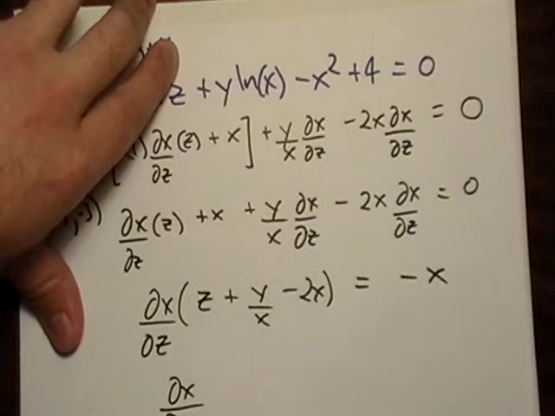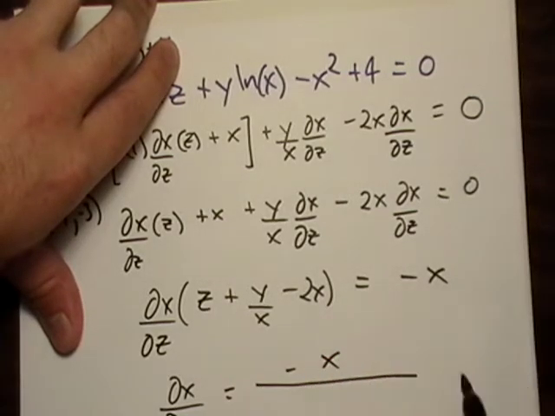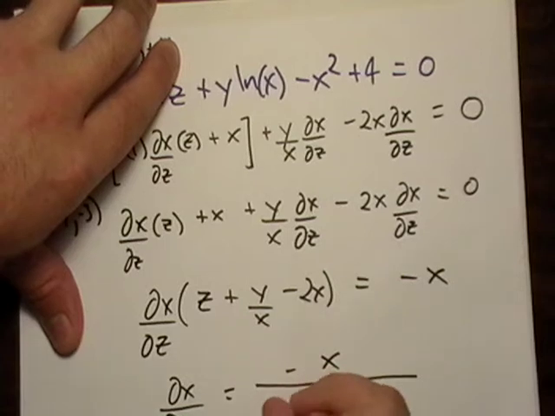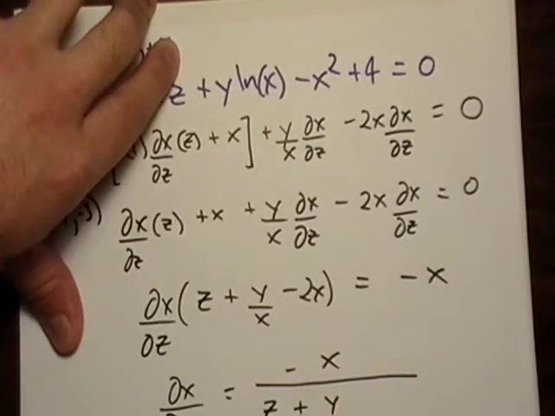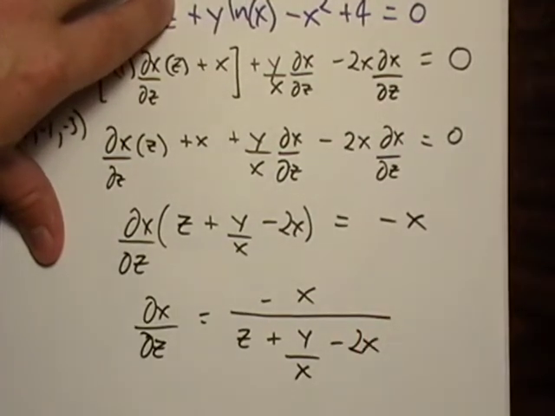I'm not going to do the whole operation, because all we really have to do is divide that thing out. So that's z plus y over x, minus 2x.